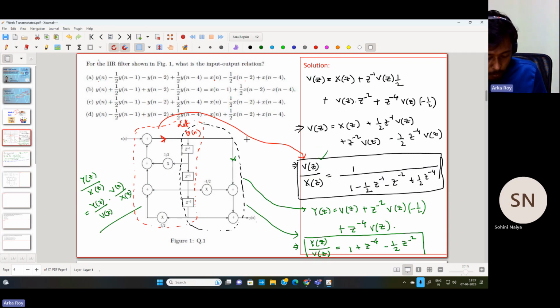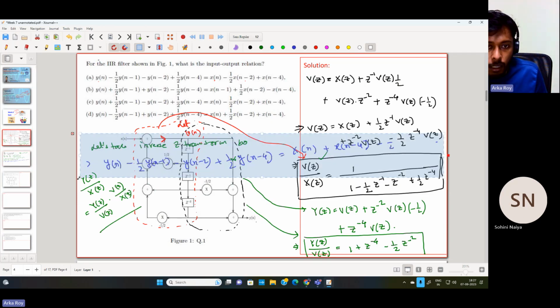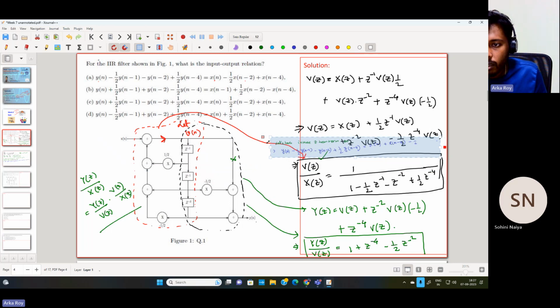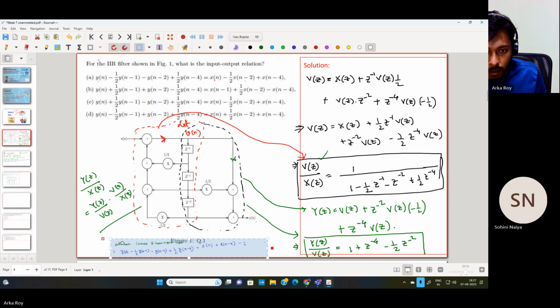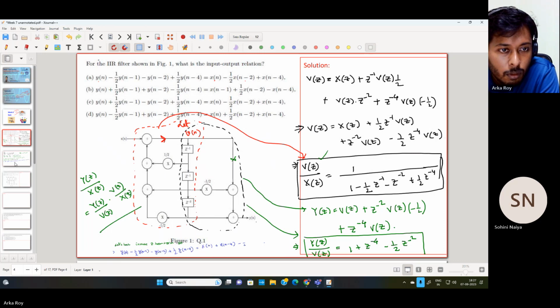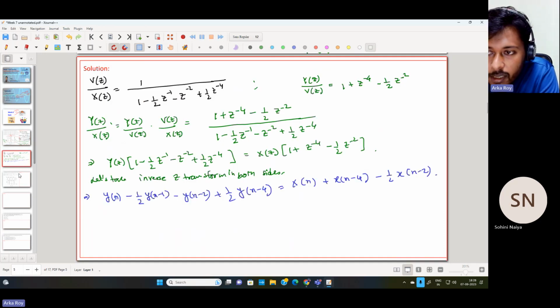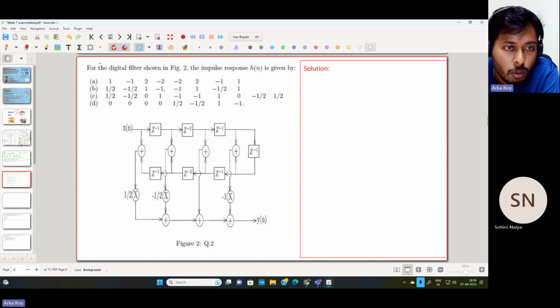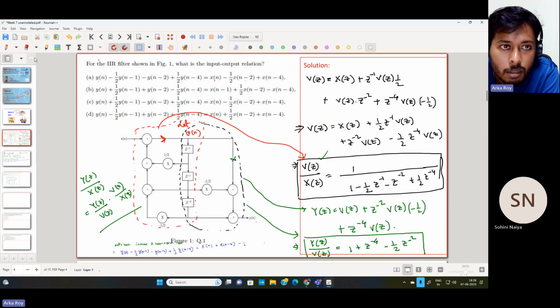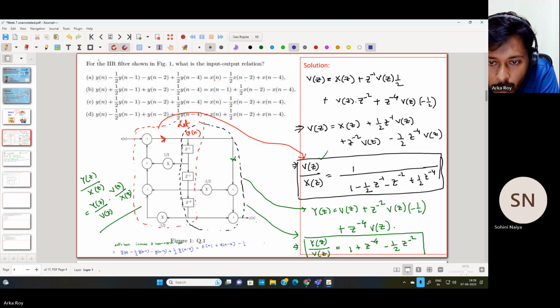Let me just copy this part over here and reduce it. So this is what we are getting. Now write the next part, that is half of x(n minus 2).